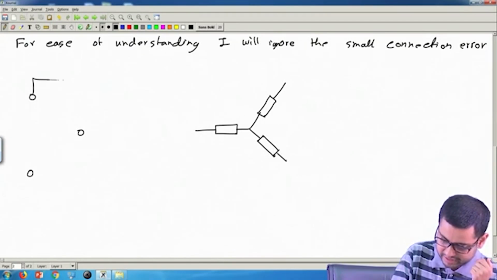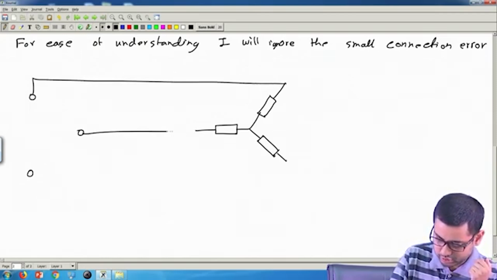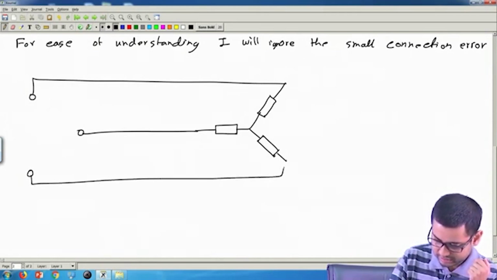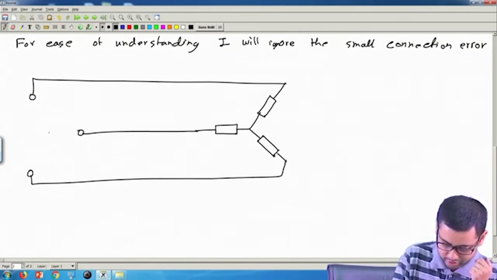Okay. So, it will be connected like this, supply to this phase, this to this and this to this. Okay. So, this is a 3-phase supply. Okay. Let me also draw a generator, 3-phase generator.